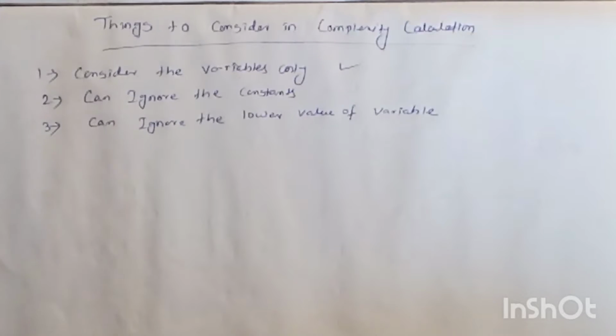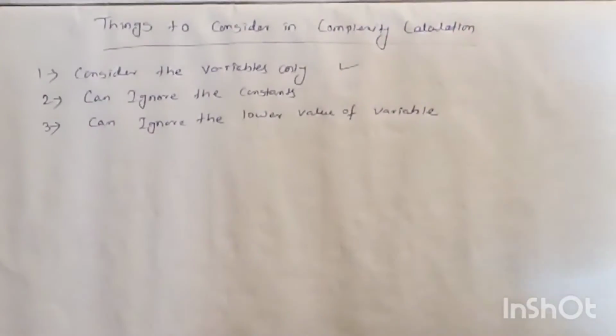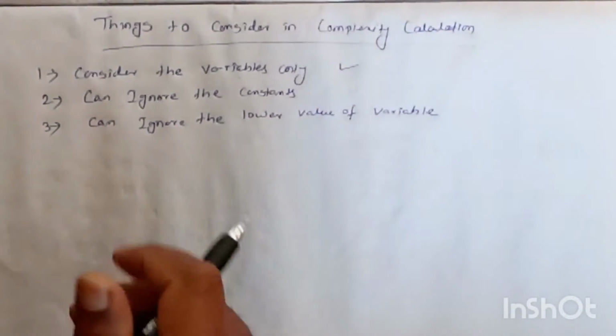Let's say in the same expression you have two different values of the same variable, then ignore the lower one, and this will help us to simplify any complex expression to a simple expression.